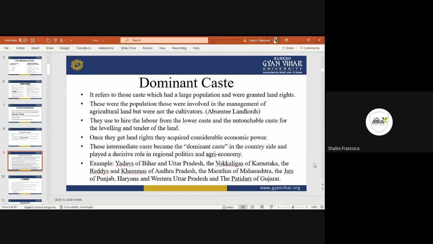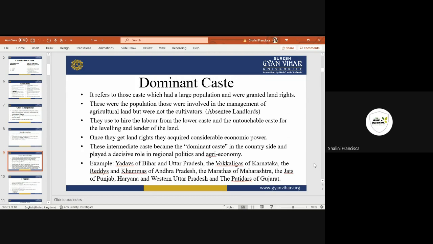Their occupation was mostly agriculture. So they started taking part in regional political matters, tried to uplift the agriculture sector, and wanted to gain some monetary or financial support from agriculture.